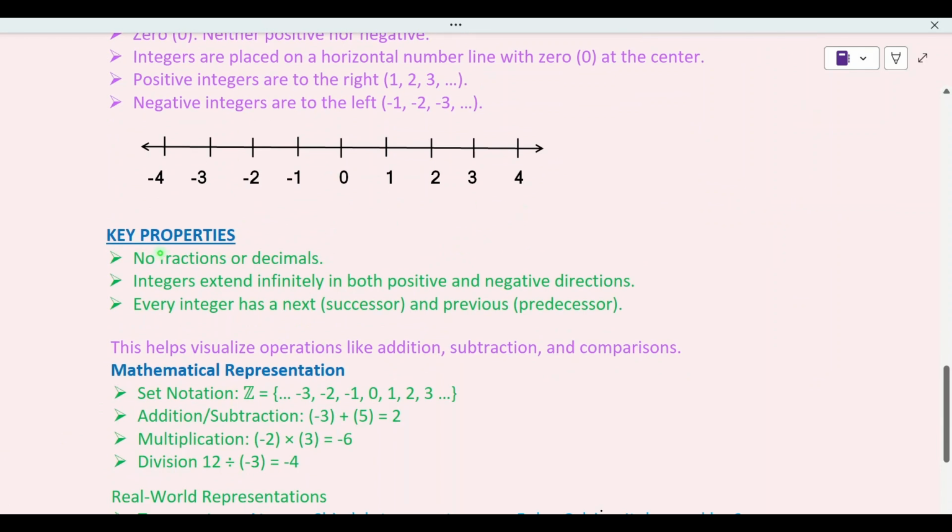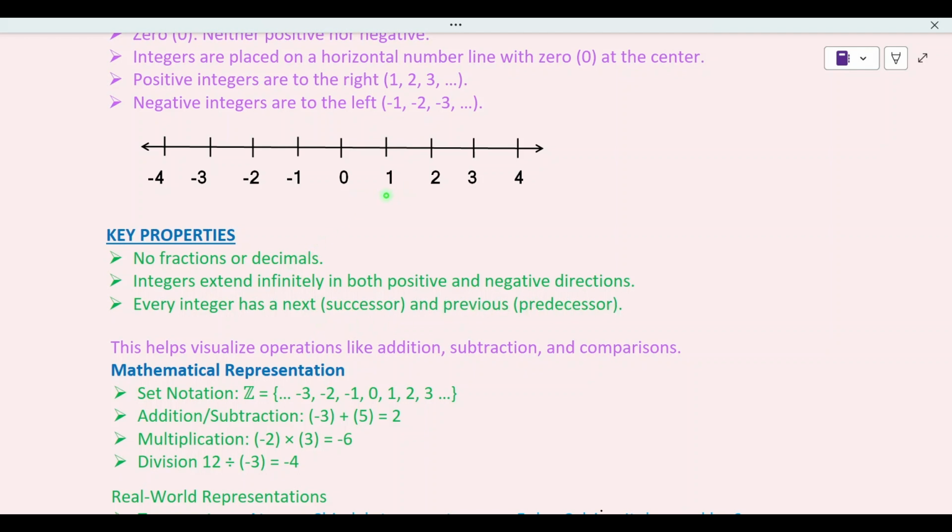Now we will discuss the key properties of integers. No fractions or decimals. Again, like natural numbers, they cannot be represented as fractions or decimals. Integers extend infinitely in both positive and negative directions. Every integer has a next successor and a previous predecessor.